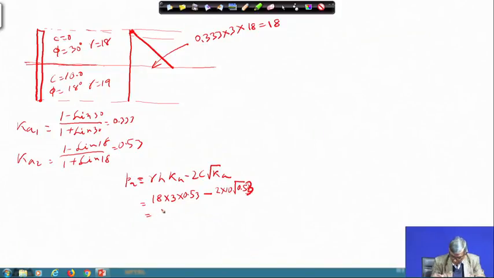So, if I do this, this value will be 14.06.